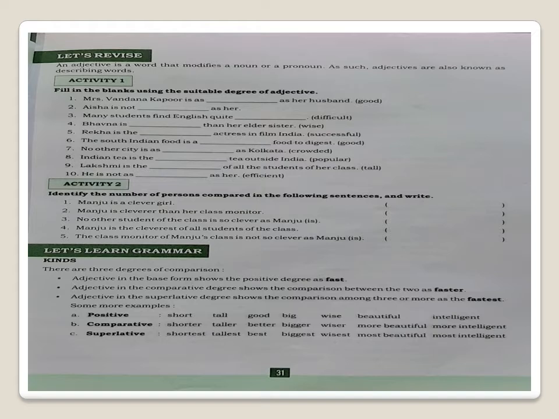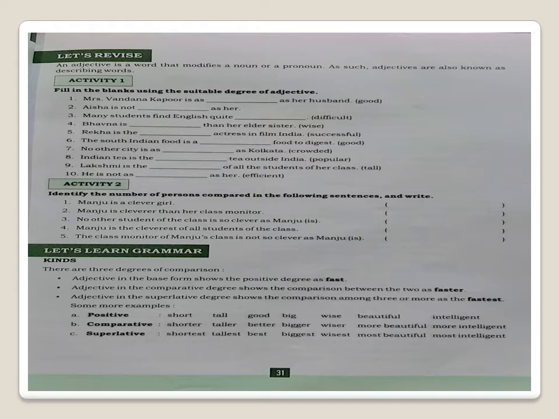At that time we are using the comparative degree of adjectives. So Bhavna is wiser than her elder sister.